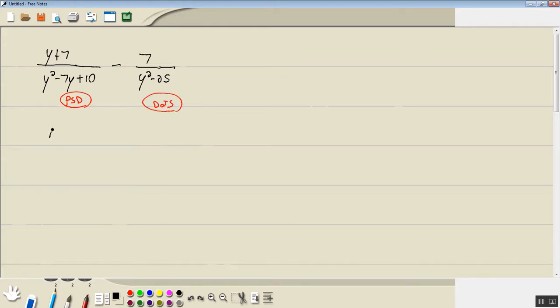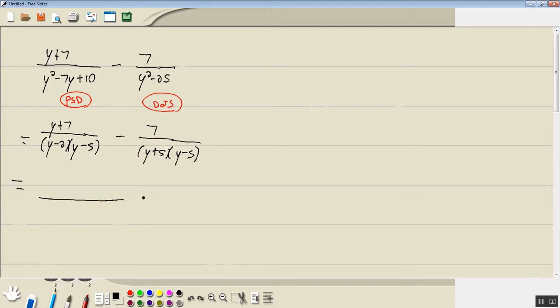So this one factors as y plus 7 over y minus 2 and y minus 5, minus 7, and this one factors as y plus 5, y minus 5. So to figure out our least common denominator, we'll take a look at each factor. Start with the y minus 2. Now I'm looking for the greatest number of y minus 2's in a single denominator.